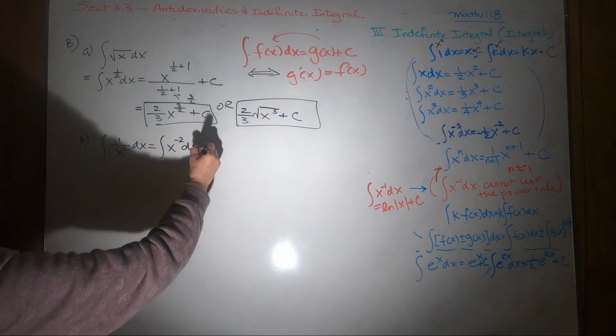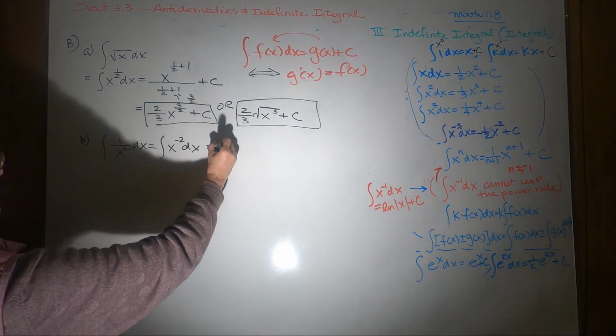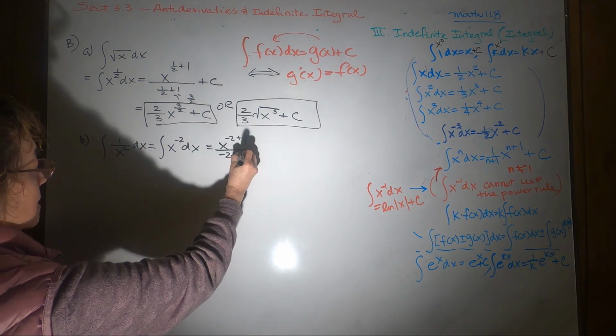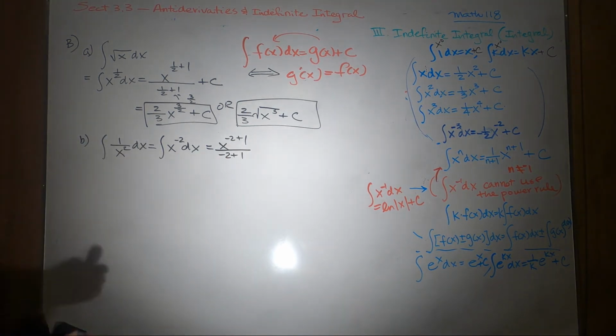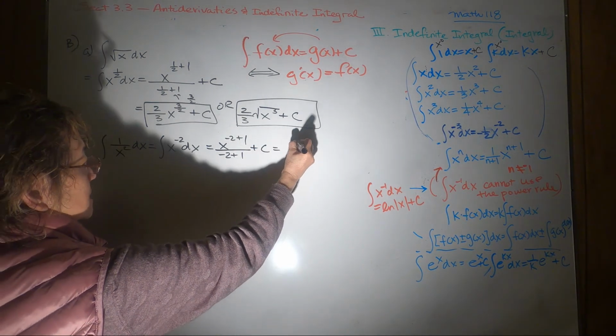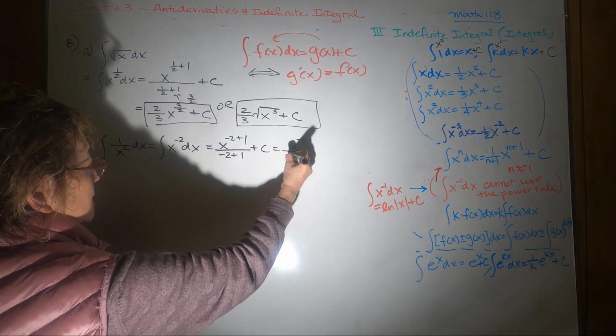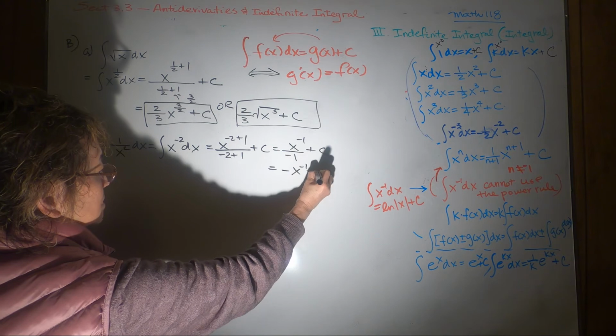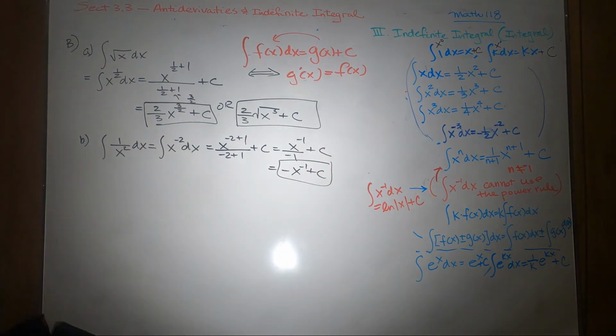So you go a level higher, then you divide it by that higher level and plus constant. So that would be what? X to the -1 divided by -1 plus c. So that would be -1/x plus c. Is that right?